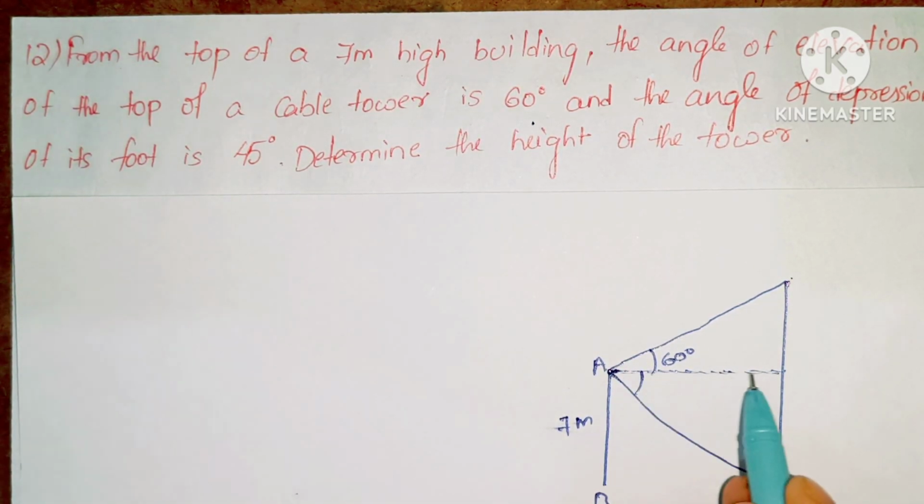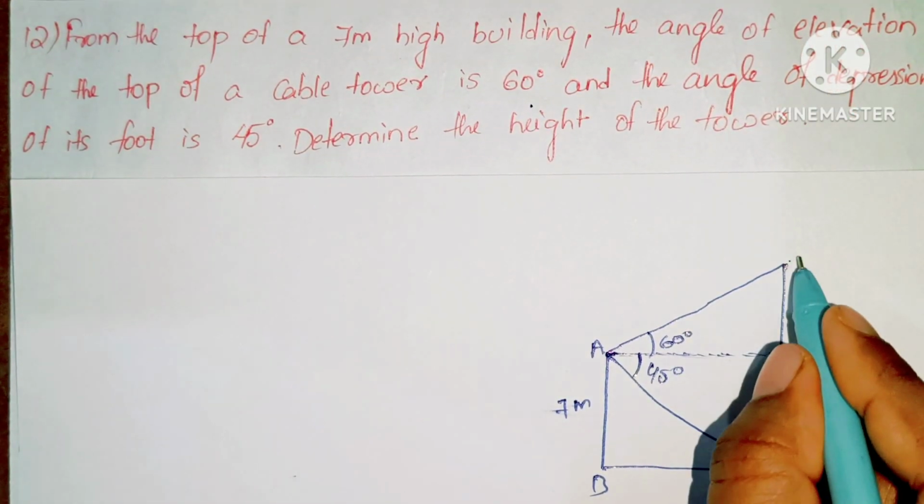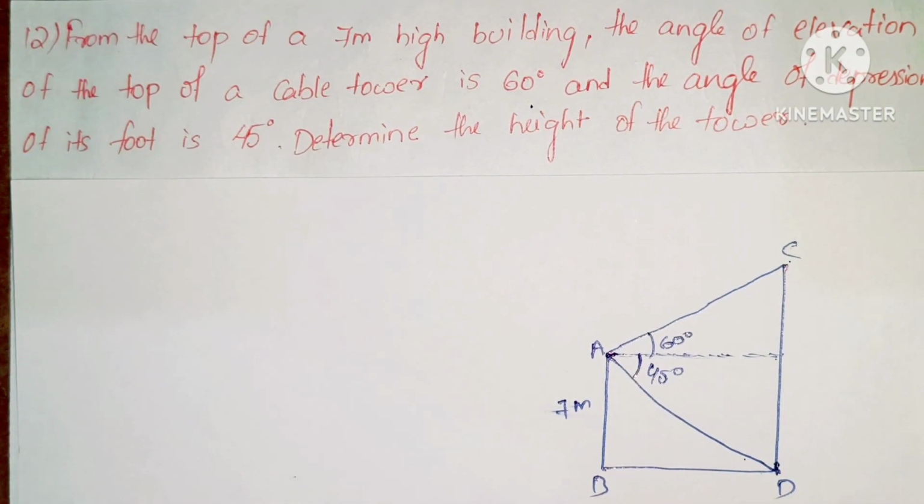This one is the observer's eye. I drew one straight line, and line of sight means he was watching downward. So here the angle created is how much? 45 degrees. This one is the foot of the building, and the foot of the tower I have joined here, and I kept C, D.